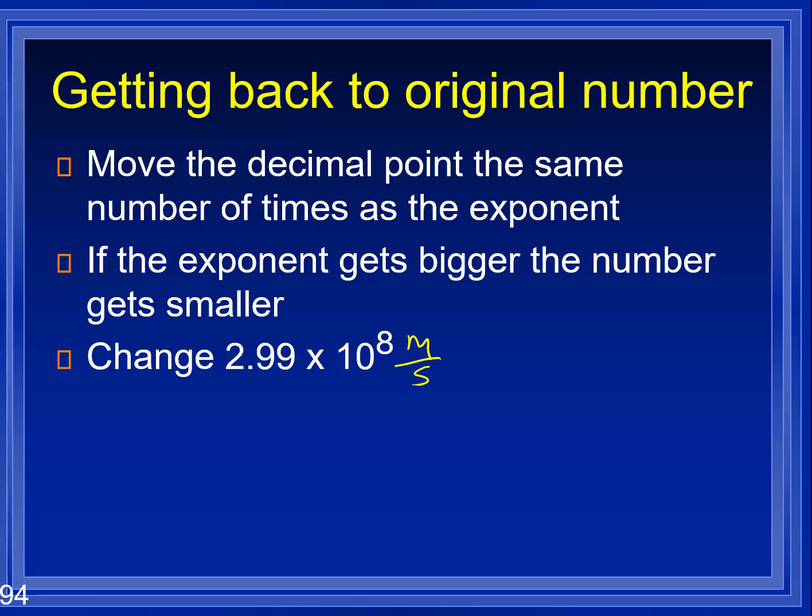Well, I got the 2.99, and now I'm going to start with my decimal point here. I have to move it how many times? 8. Okay, and I'm going from 8 to 0, so the exponent's getting smaller, so the number has to get bigger. So 1, 2, 3, 4, 5, 6, 7, 8.